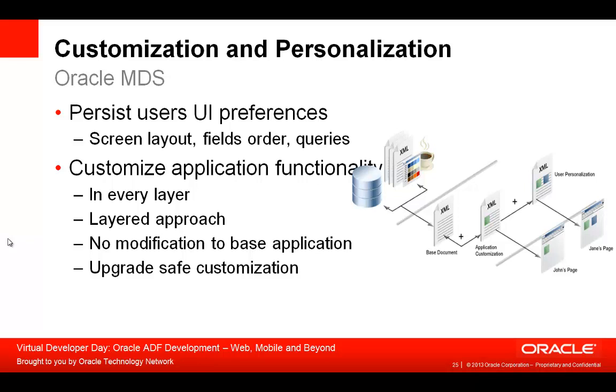We can do even further customization by developers, defining additional modification for a base application in layers. For example, a developer can take an existing business component and modify or add additional validation rules. This can be then applied at runtime for specific customers of the application.